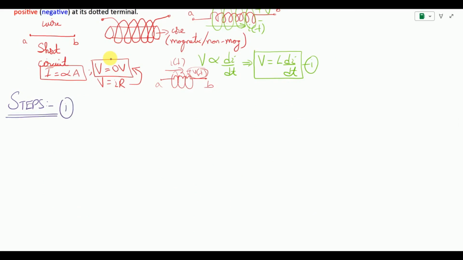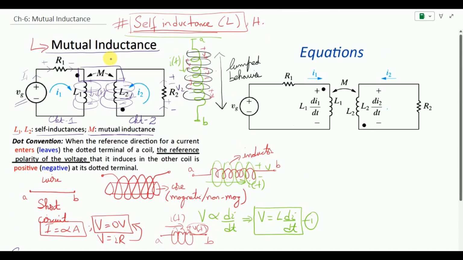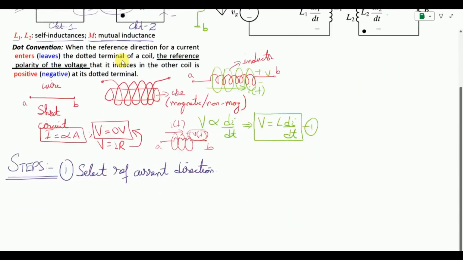The first step is that we select the reference current direction. The direction can be clockwise or counterclockwise as shown here with I1 and I2. You can see I1 is in the clockwise direction and I2 is in the counterclockwise direction.